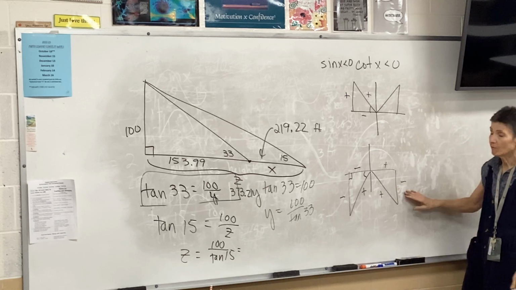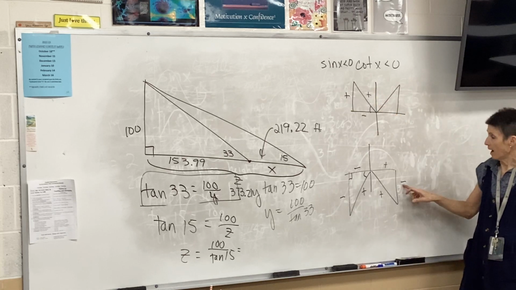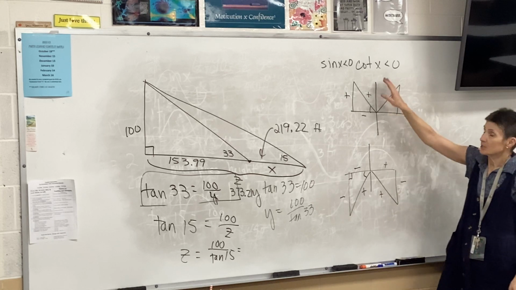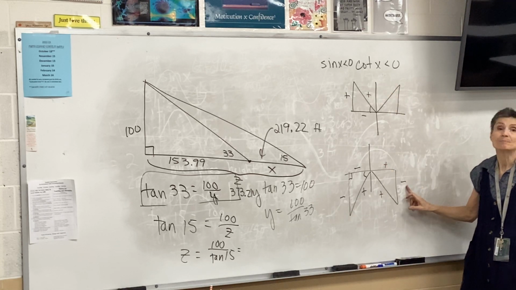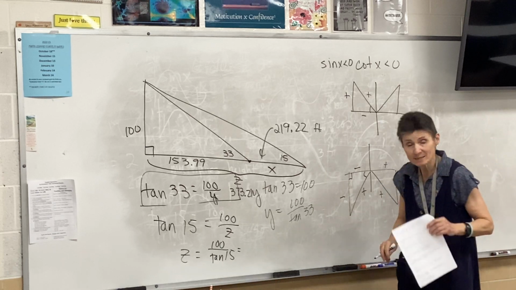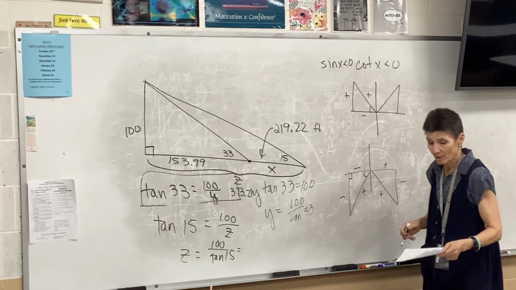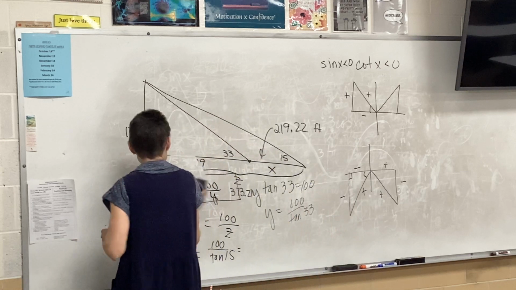In quadrant 4, is sine negative? Opposite over hypotenuse is negative. Is cotangent negative? Adjacent over opposite is negative. The answer is quadrant 4. In quadrant 4, the sine and the cotangent are both negative.